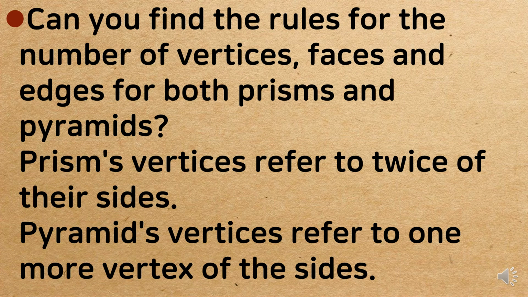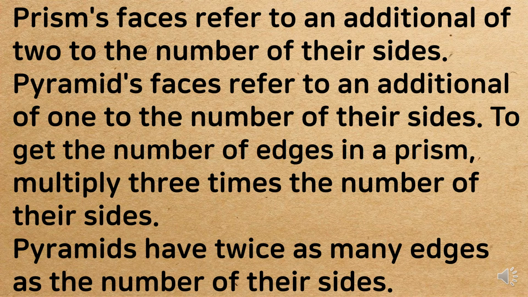Can you find the rules for the number of vertices, faces, and edges for both the prisms and the pyramids? Prism vertices are twice the number of their sides. Pyramid vertices are one more than the number of sides. Prism faces are the number of sides plus 2. Pyramid faces are the number of sides plus 1.